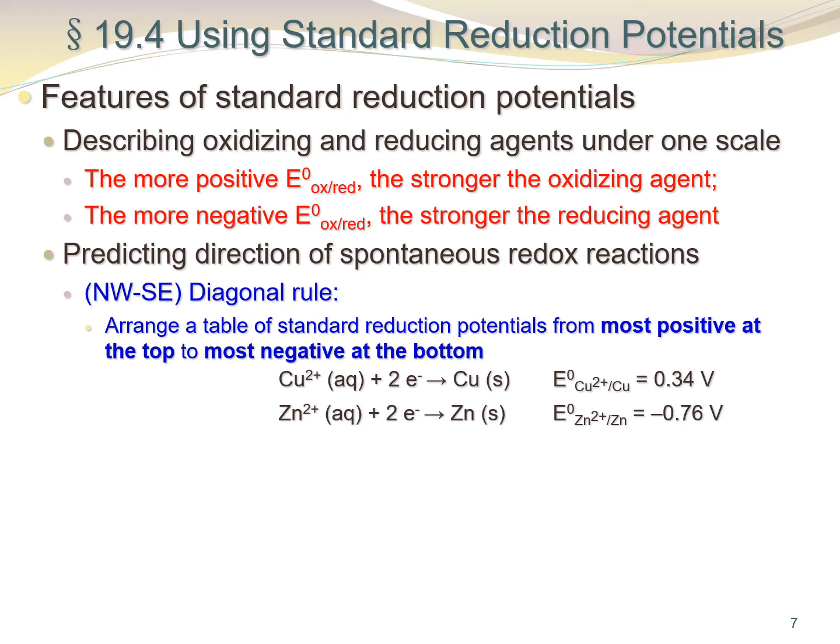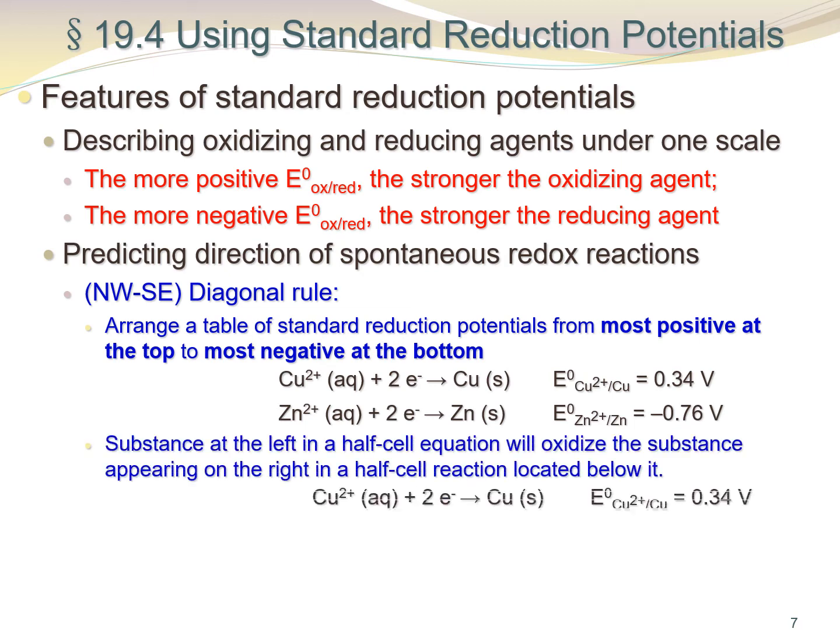As we now realize, we put the copper on the top, zinc at the bottom. We're going to draw a diagonal from northwest to southeast. That means the substance on the left of this half cell equation, copper 2 plus, will oxidize the substance appearing on the right of the half cell reaction located below it.